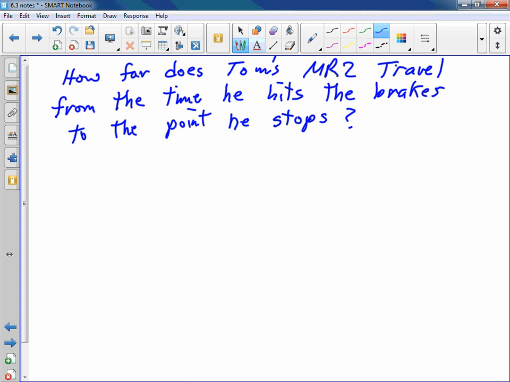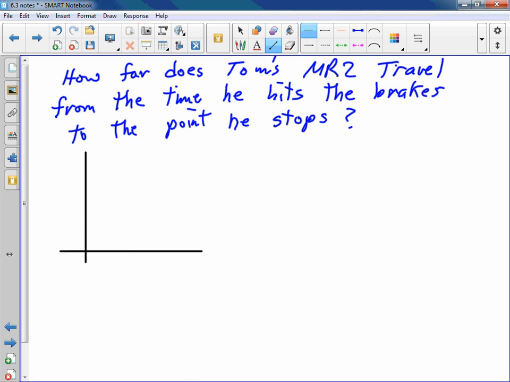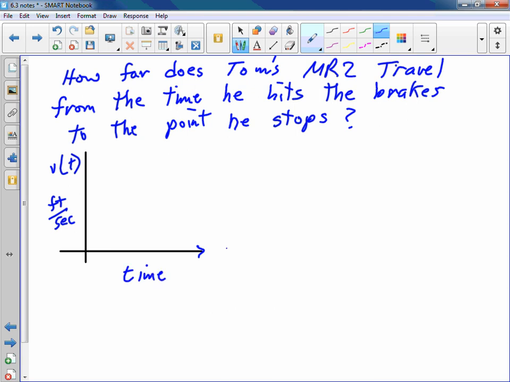Now, I hope you remember way back in the day, like a month ago, maybe it wasn't that long, feels like it, when we talked about if you have velocity with respect to time, and this is in feet per second, and on the x-axis, if you have time in seconds.